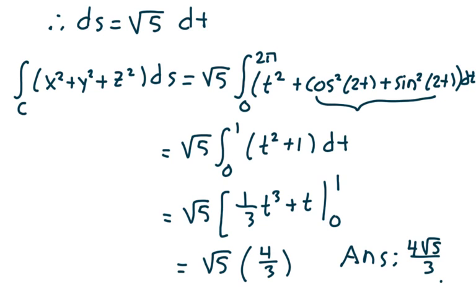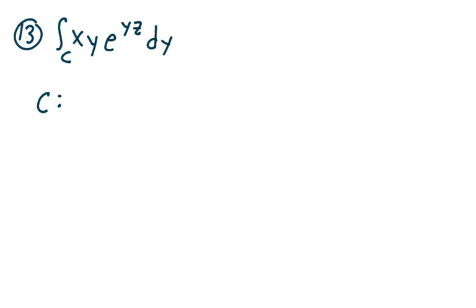And if I take a look at number 13, suppose I have the integral over c of x, y, e to the yz dy. So this one's a little bit different, but the principle is the same. Now, c is the curve described by the following.